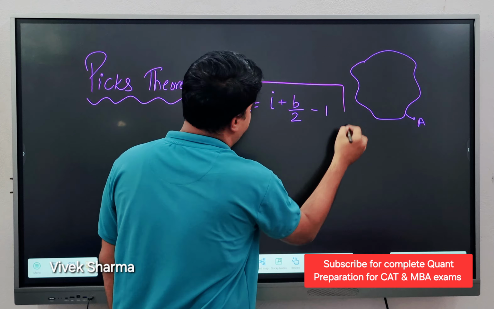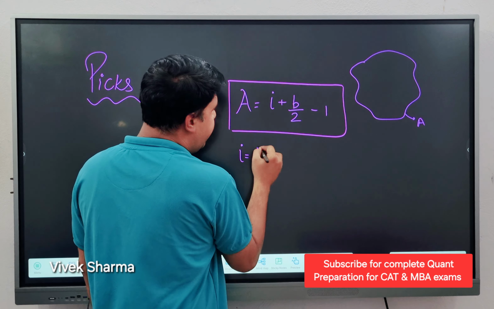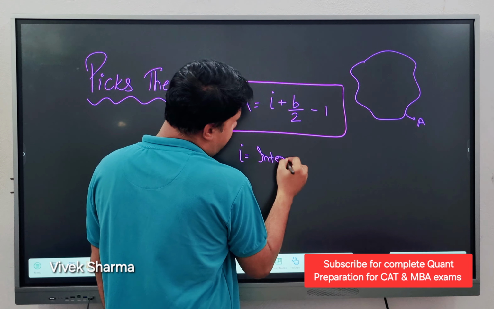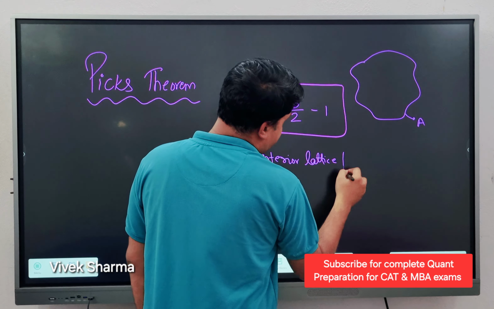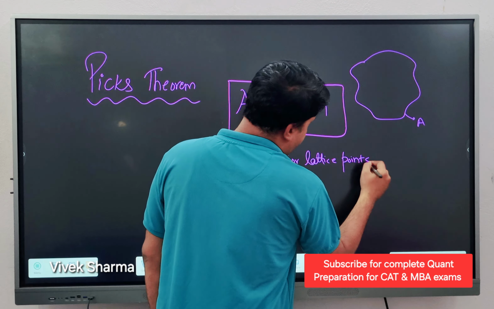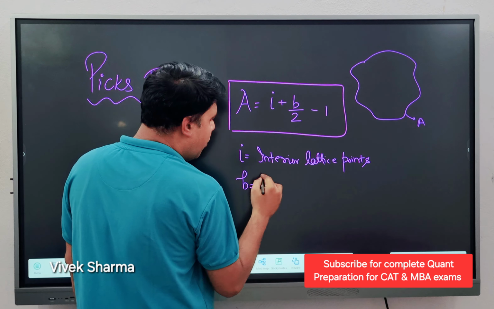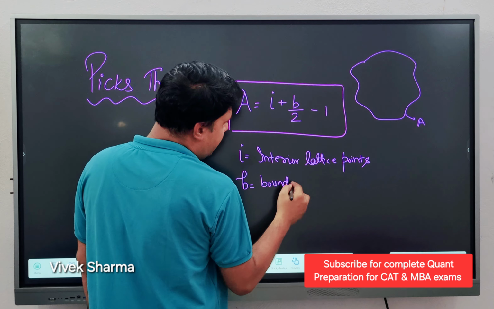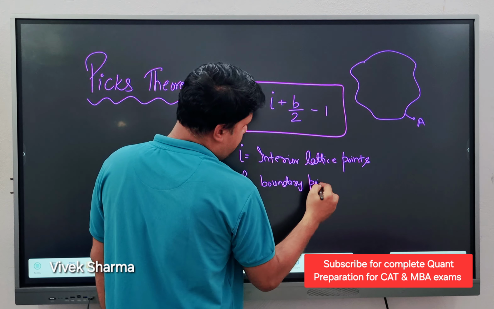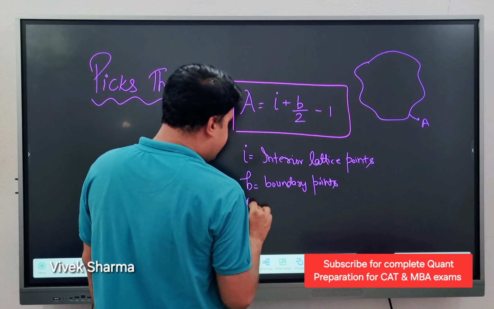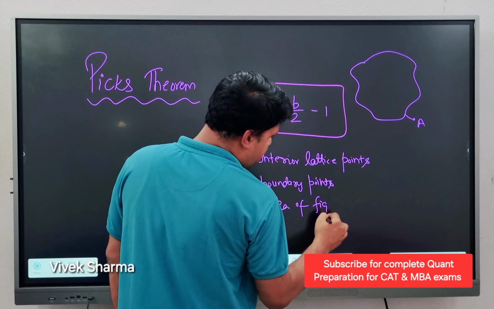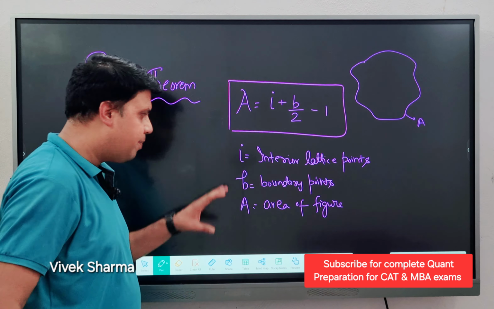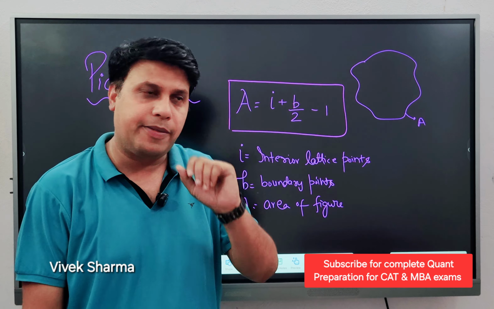This is very important. I is the number of interior lattice points, B represents the boundary points, and A is the area of the figure. So using these three parameters, I can solve my question.